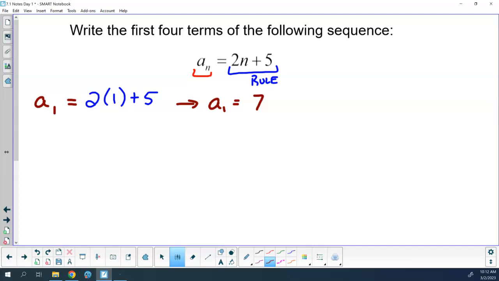Now I need to find the second term. What do you think I'm going to do for the second term? It's A sub 2. And so how do I find it? Plug 2 in for n in my rule, right? So 2 times 2 is 4, plus 5 is 9.